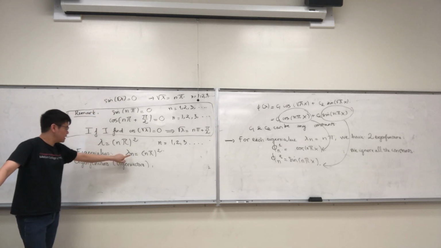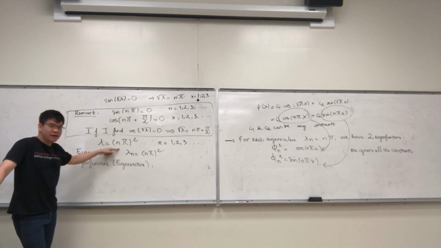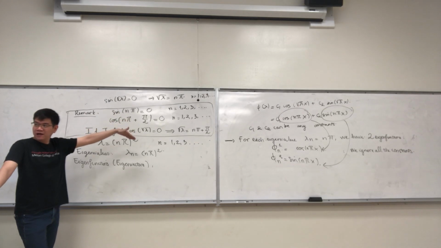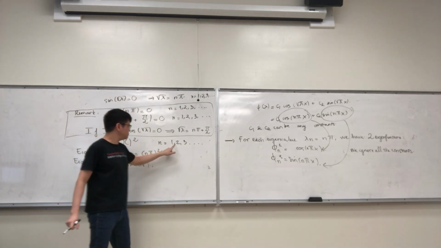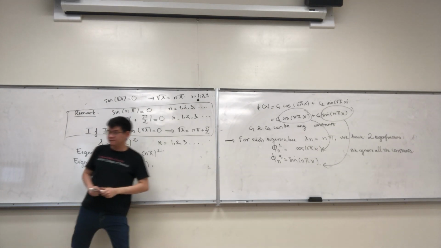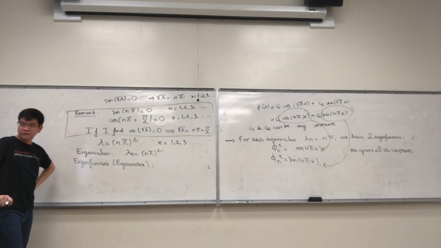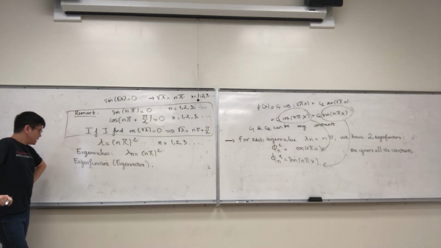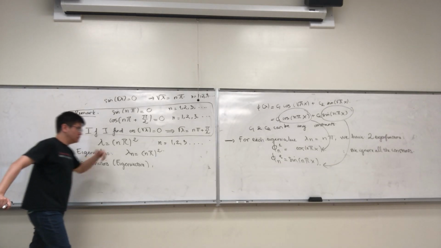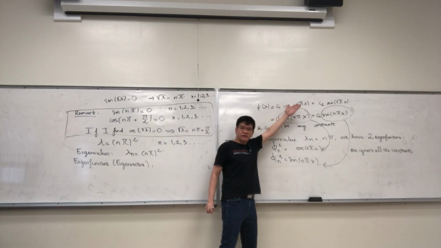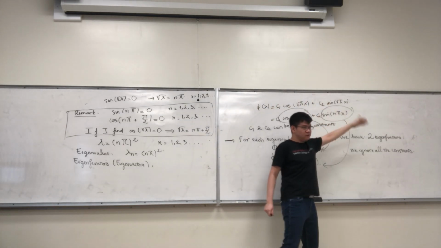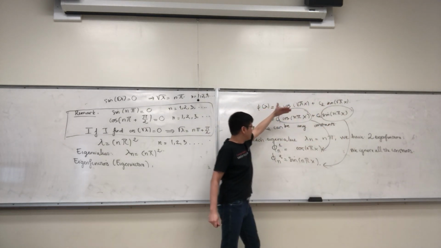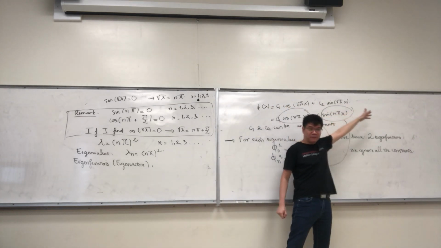So in this case, you find lambda to be n pi, which means that you will have eigenvalues of the form n pi squared, where n is going to be 1, 2, 3, 4, 5. Right? It's clear? So the eigenfunctions will be, in the solution we find C1 cosinus square root of lambda and C2 sinus square root of lambda, which means that you have C1 cosinus of n pi x and C2 sinus of n pi x.